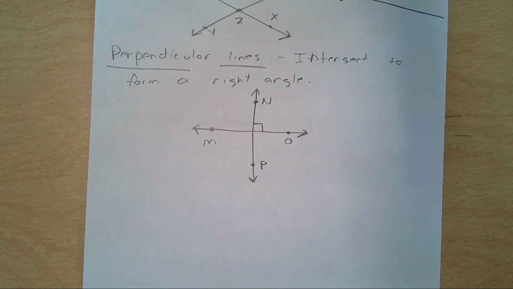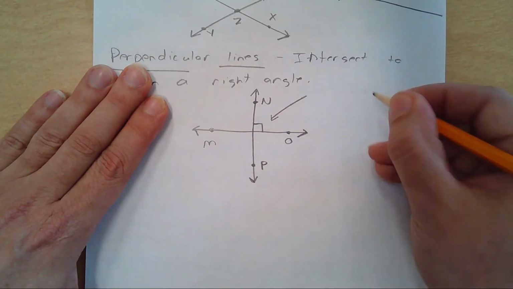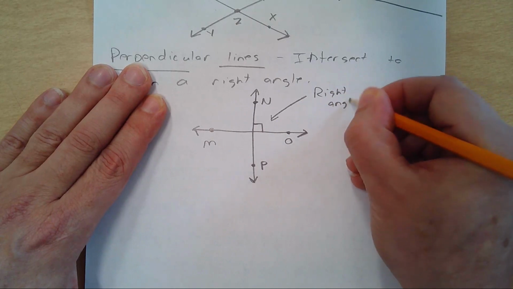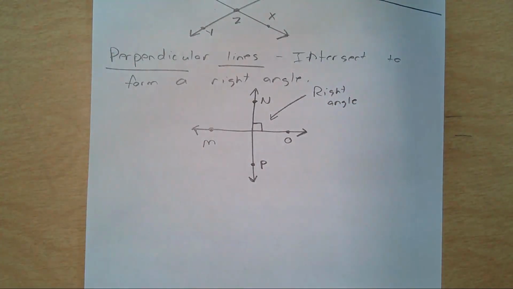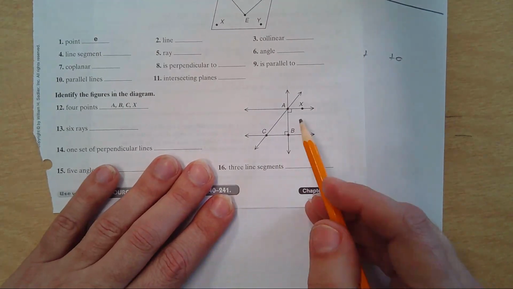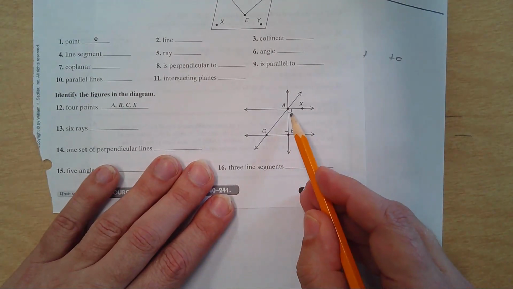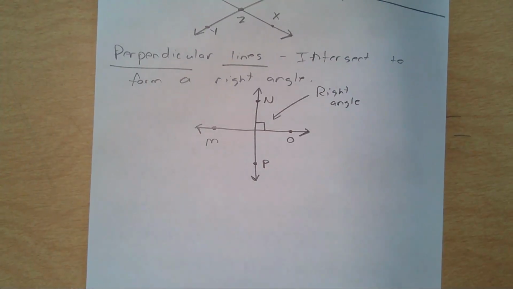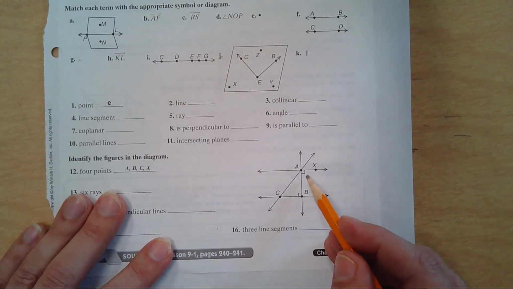Basically it forms a square. But this is the symbol for a right angle. And you will absolutely see this plenty. If I look in here, we can see there's one right there, there's one right there. Looks like those are the only two in this assignment, but this, by definition, tells me this is a right angle, 90 degrees.